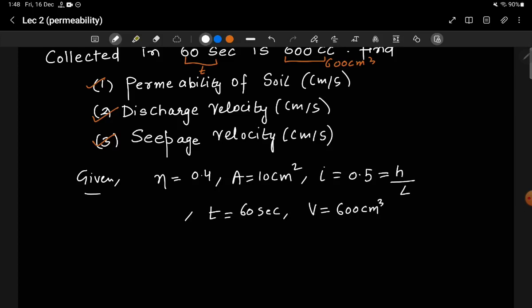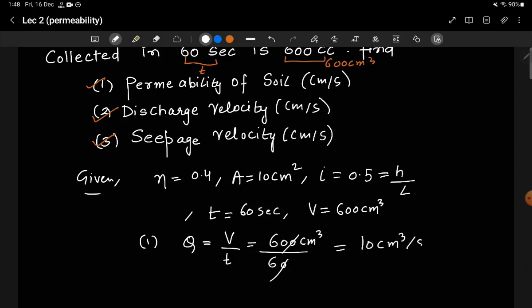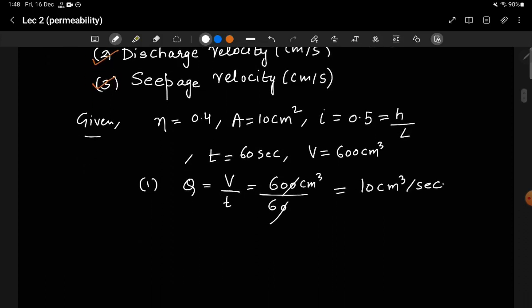Now first thing I'll do is find out the discharge. Discharge is given by the volume divided by the time taken. So that would be 600 centimeter cube divided by 60 seconds, which is nothing but 10 centimeter cube per second. That would be our discharge.